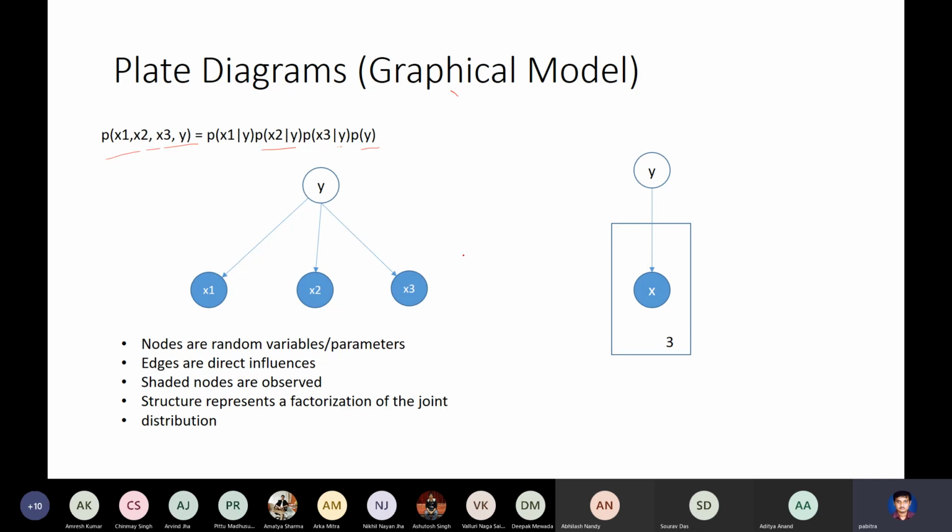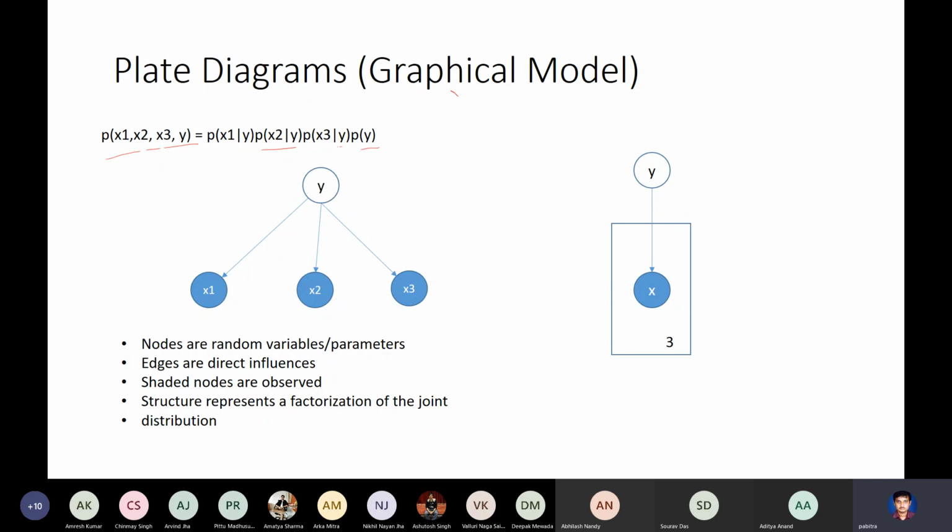Instead of writing x1, x2, x3, I just write one x, and I shade it because all these 3 are observed, and then I have a direct influence from y to x, and because there is a 3-way replication, I enclose it in a plate. At the bottom of the plate, I write down the number of replications, here 3.